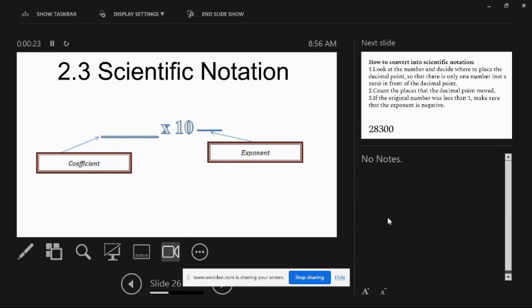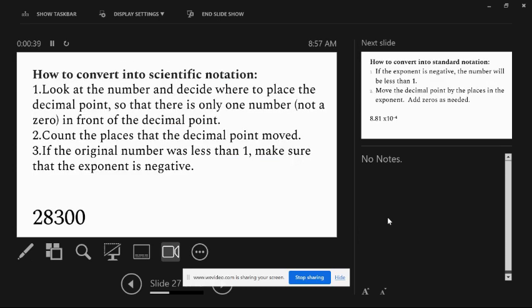And if it is the same as the coefficient, the exponent will be 0. Okay? So 10 to the 0 is 1. So anything times 1 is itself. Okay? All right. So we looked at converting with scientific notation.